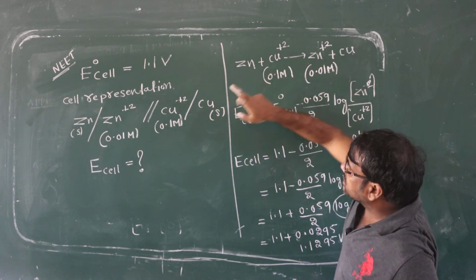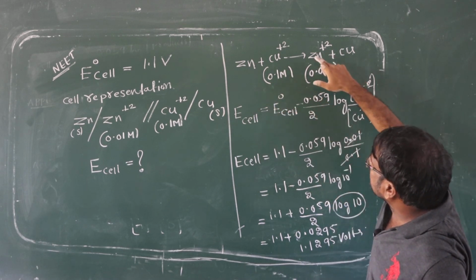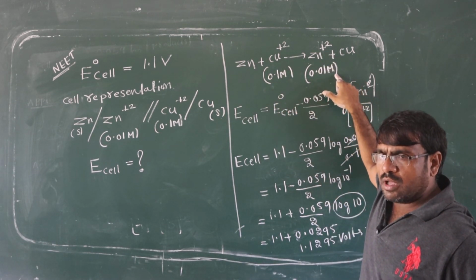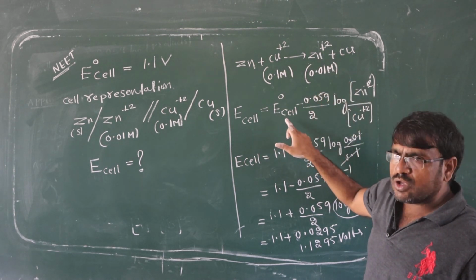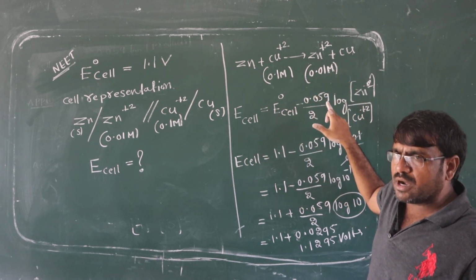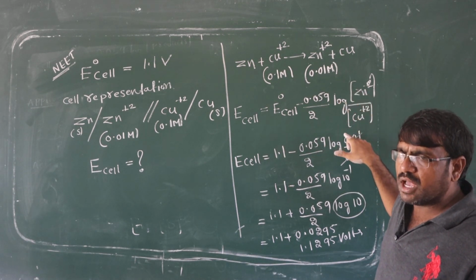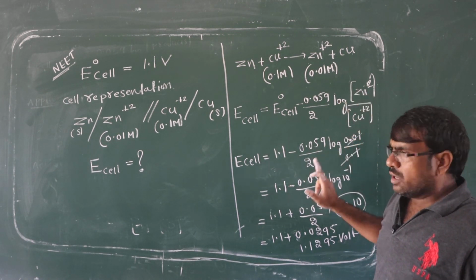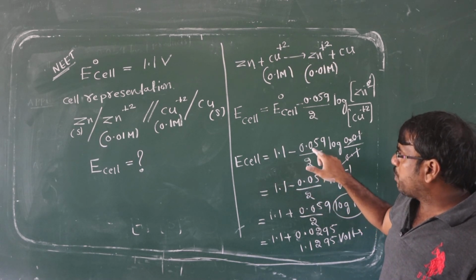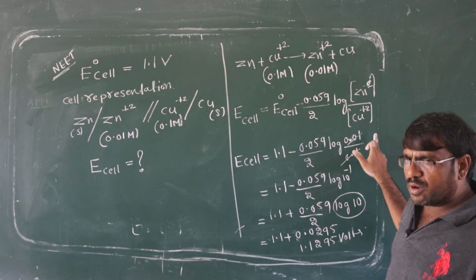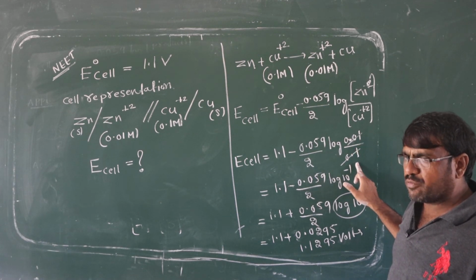The concentration of copper plus 2 is 0.1 and of Zn plus 2 is 0.01 molar. Next, E cell is equal to E naught cell minus 0.059 by 2 log of the concentration of Zn plus 2 by Cu plus 2, so 1.1 minus 0.059 by 2 log 0.01 divided by 0.1.